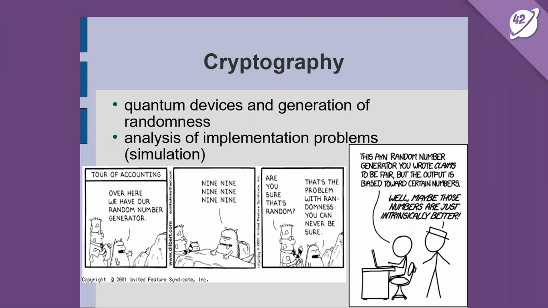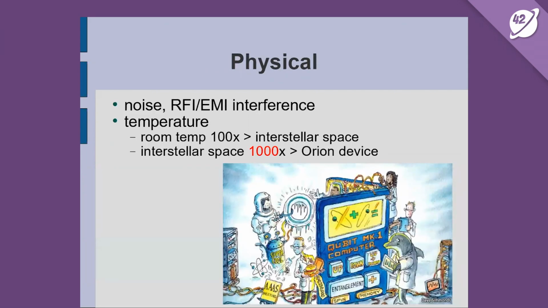And again, cryptography desperately needs random data all the time. Analysis of the implementation problems. Like I say, you always attack cryptography in implementation, and quantum computing simulations will probably be able to help us to identify those issues.